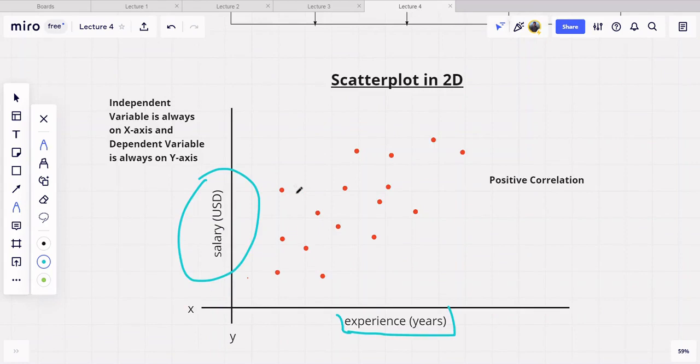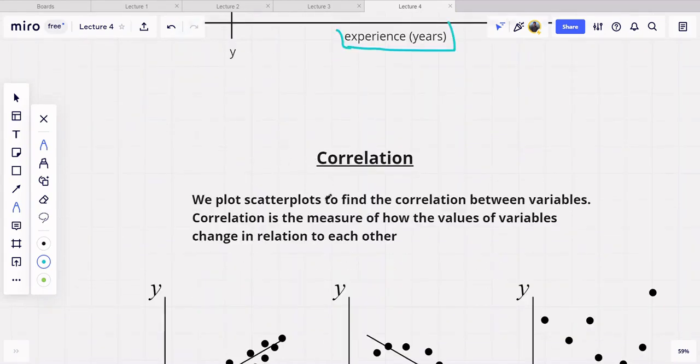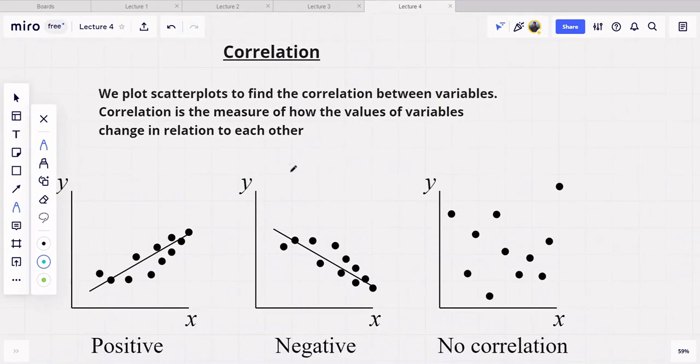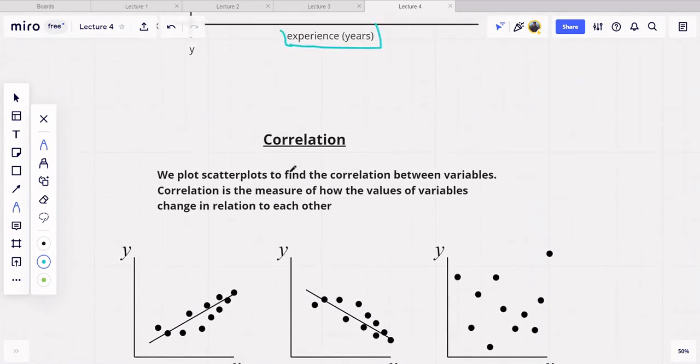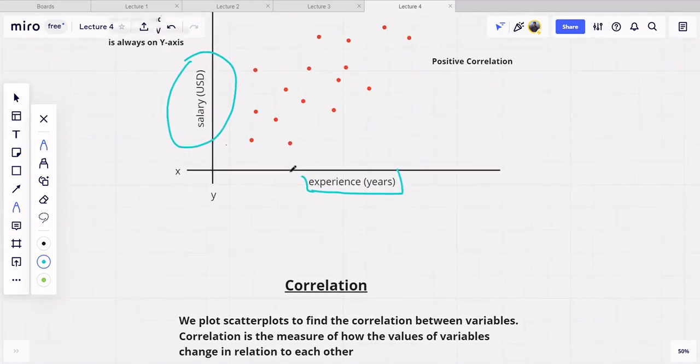Now, the main reason why we draw a scatter plot is because we want to find the relationship among the variables. More specifically, when I say relationship among the variables, I mean correlation. Correlation is basically a phenomenon that describes the relationship between two variables.